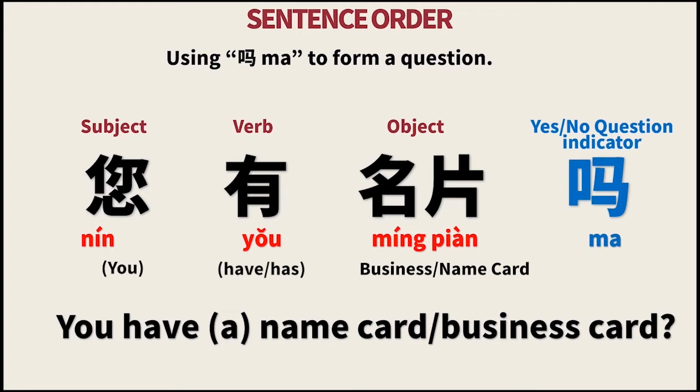We would say, you have a business card, ma? So the ma is the yes-no question indicator. Whatever statement we end with ma changes from a statement into a yes-no question. In this case, I'm asking, you have a business or name card, ma?